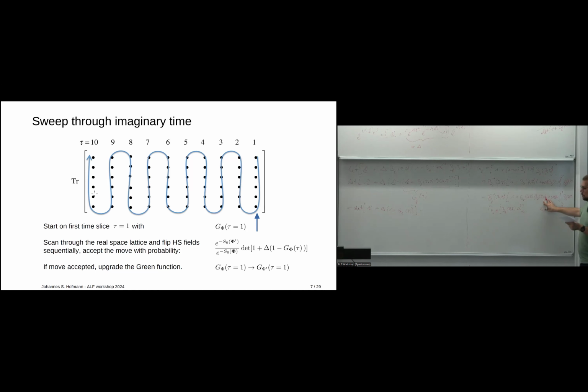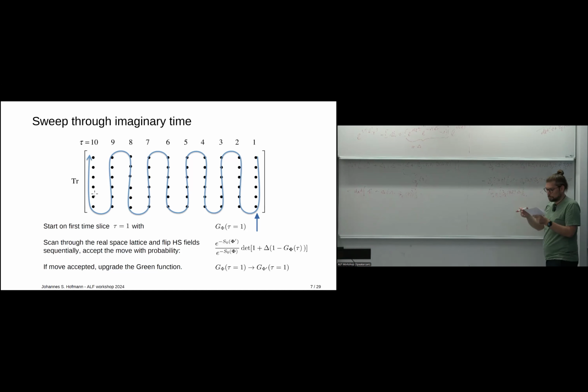Now I can make use of the Sherman-Morrison formula, and I'm not going through the details of these linear algebra transformations, but I can show that this is then given by the old Green's function minus the old Green's function at time tau, so this is all at time tau, times delta 1 minus the old Green's function at time tau.